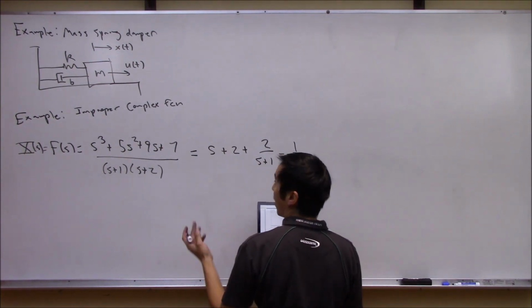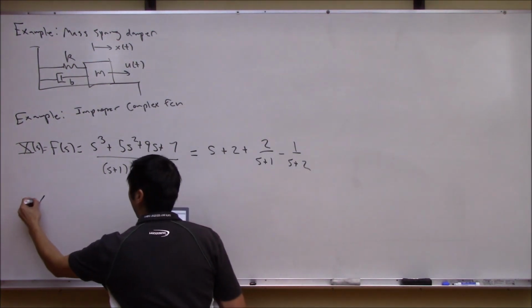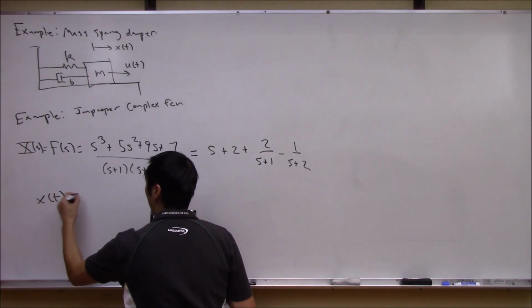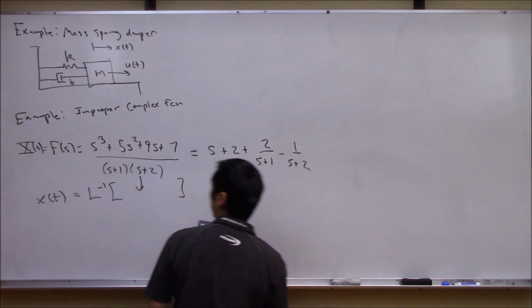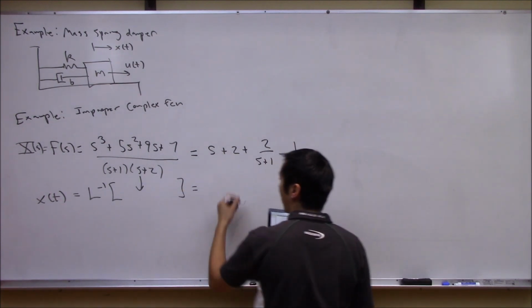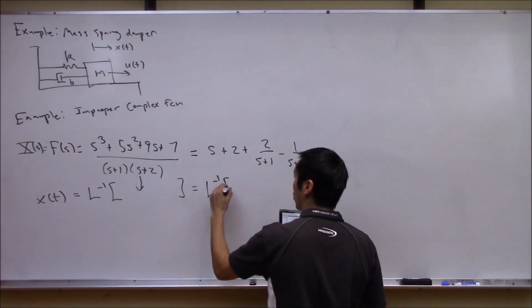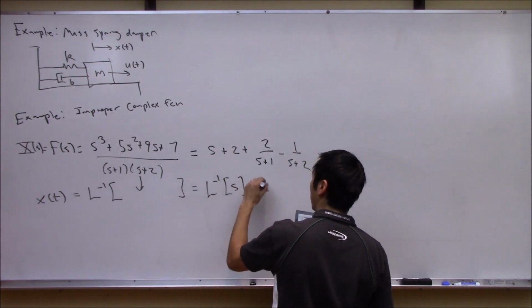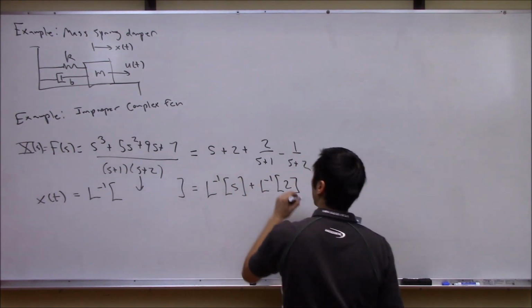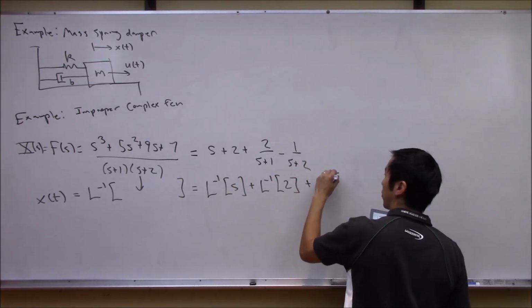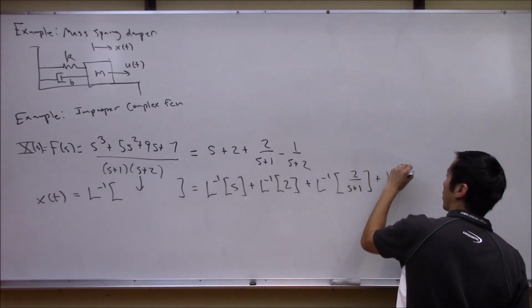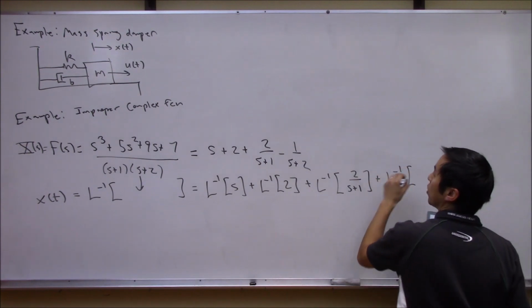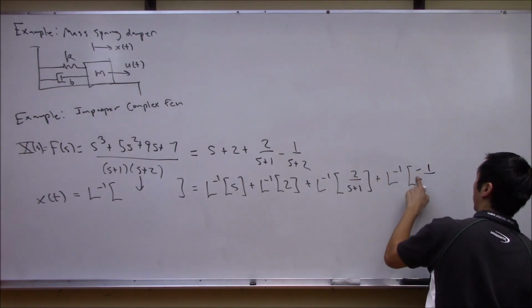Now, to get the position of the block x of t in the time domain, all you have to do is inverse Laplace transform this thing, which is the same as inverse Laplace transforming each of these simpler terms: the inverse Laplace transform of s plus 2, plus the inverse Laplace transform of 2 over s plus 1, plus the inverse Laplace transform of negative 1 over s plus 2.